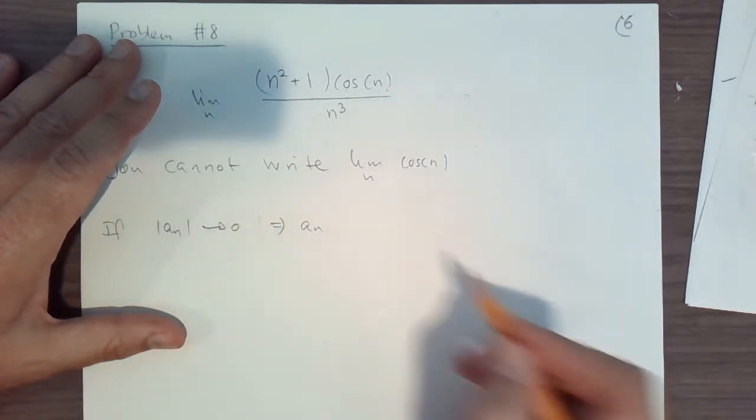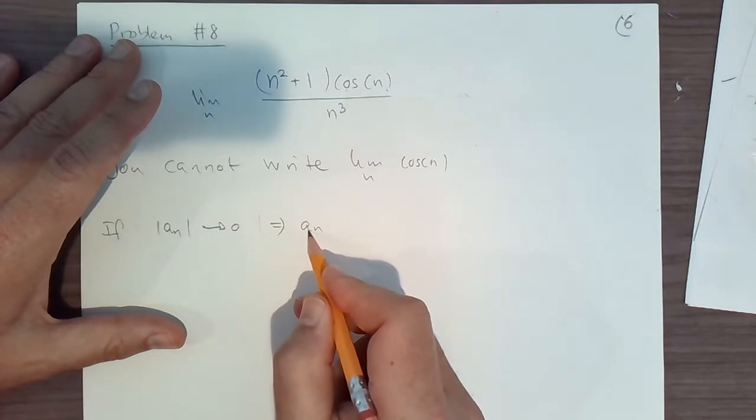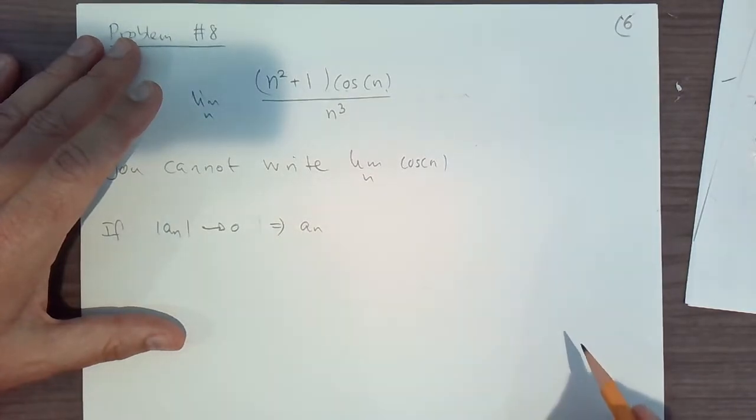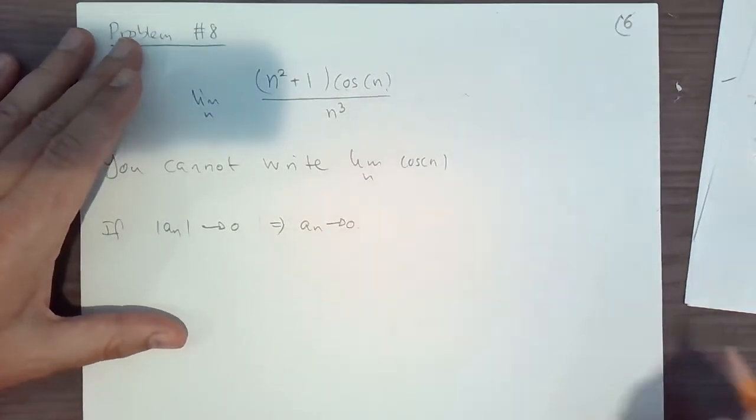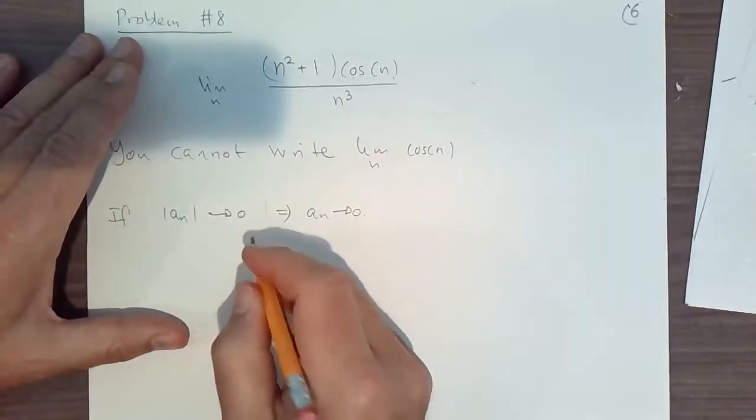If the absolute value of something goes to 0, then what about a, and where does that go? It also goes to 0. Very good. So we're looking at the absolute value.